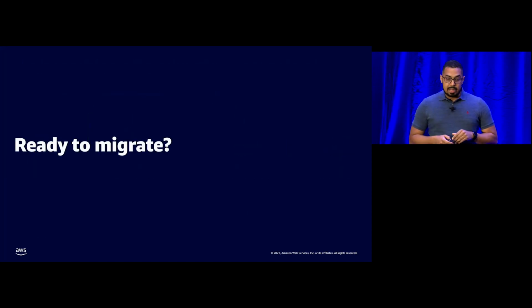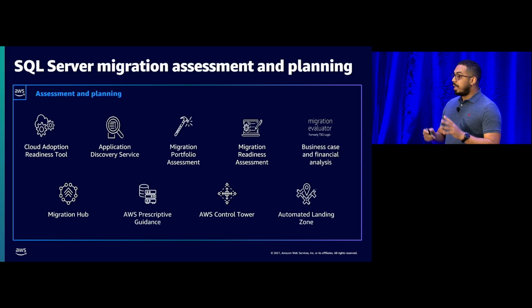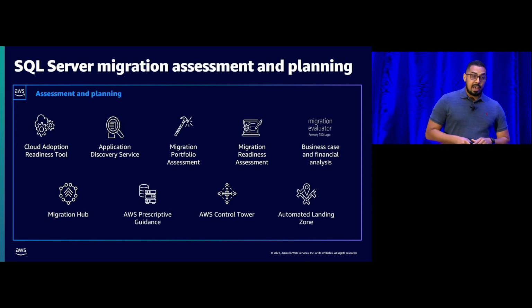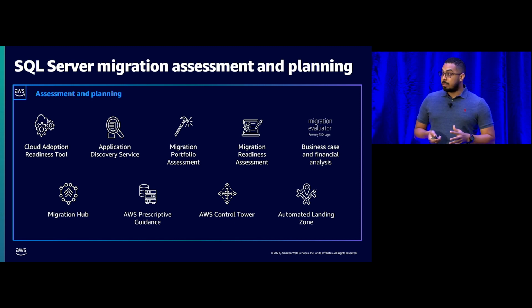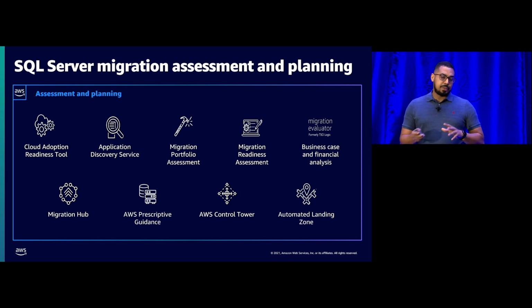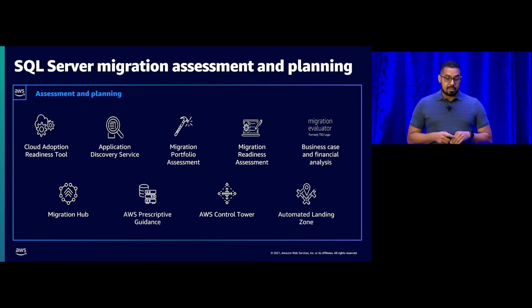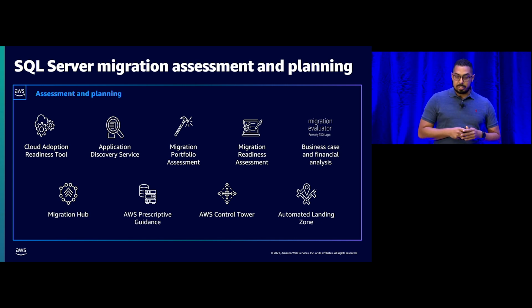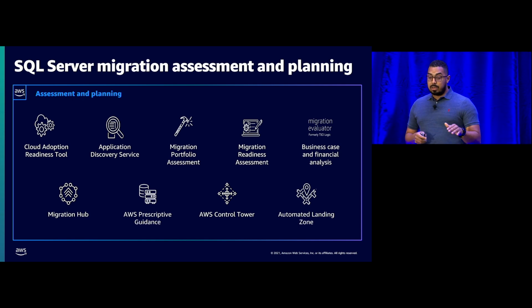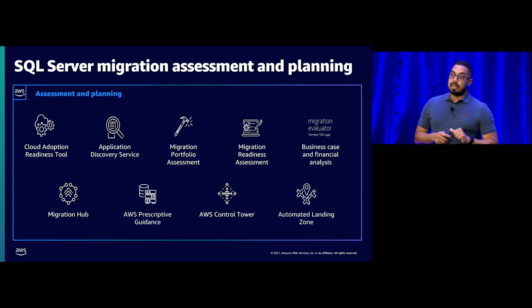So once you're ready to migrate, you may be wondering, okay, how do I get there? What are the tools available to me to help me get there? We have a wide range of tools available to you, and I'll pick a few just to talk about them. So for example, on the left-hand side there, you see the Cloud Adoption Readiness Tool, Application Discovery Tool, and even Migration Evaluator as well.